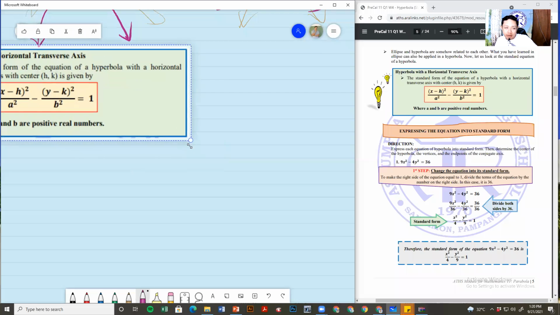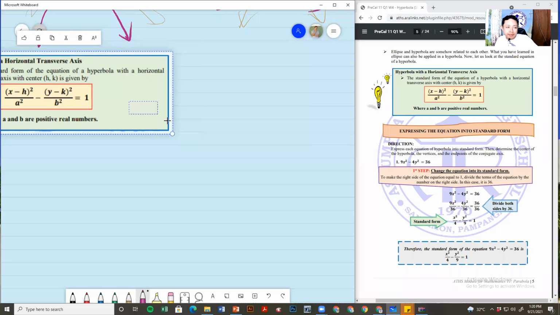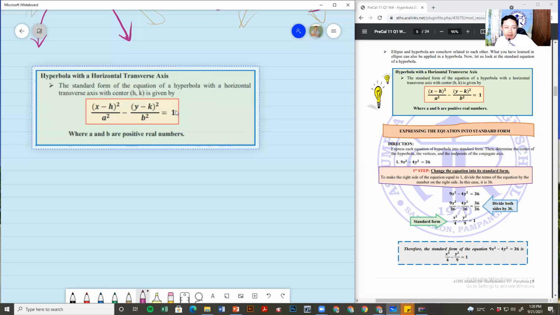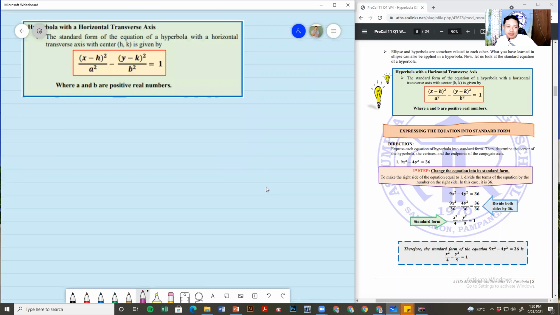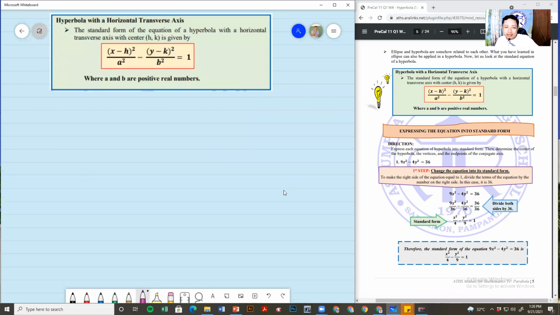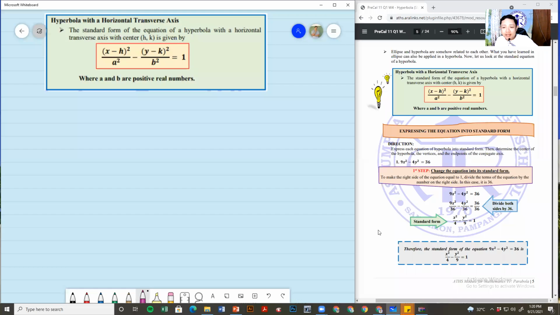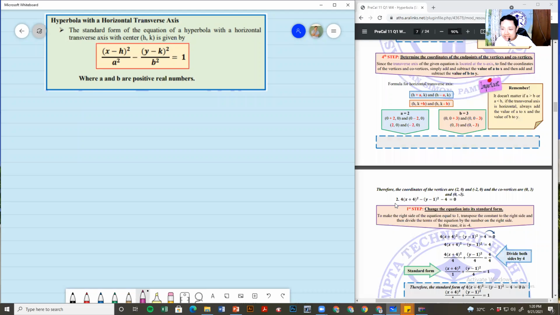Take note, with horizontal transverse axis, because we also have another one, the hyperbola with a vertical transverse axis. Okay, now let's go into this. So this is just the same process as that of our ellipse.